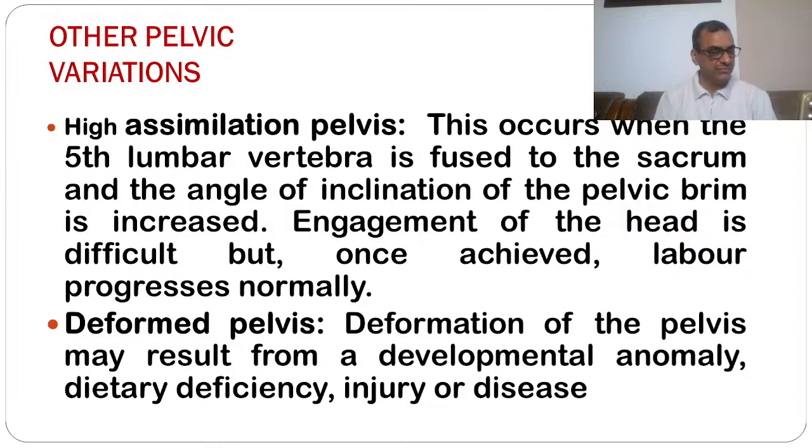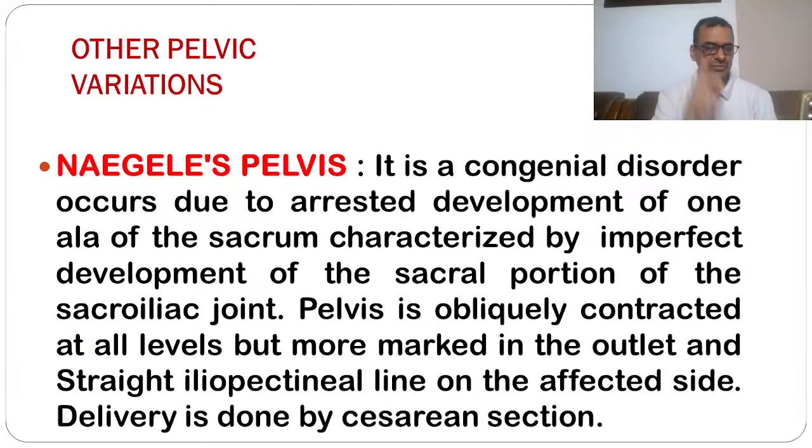Engagement of the head is difficult, but once achieved, normal labor can be achieved, or we can have normal delivery. But in a deformed pelvis, where deformation may result from developmental anomalies, there will be difficulty in normal delivery. This may be due to any dietary deficiency, injury, or disease, such as Naegele's pelvis.